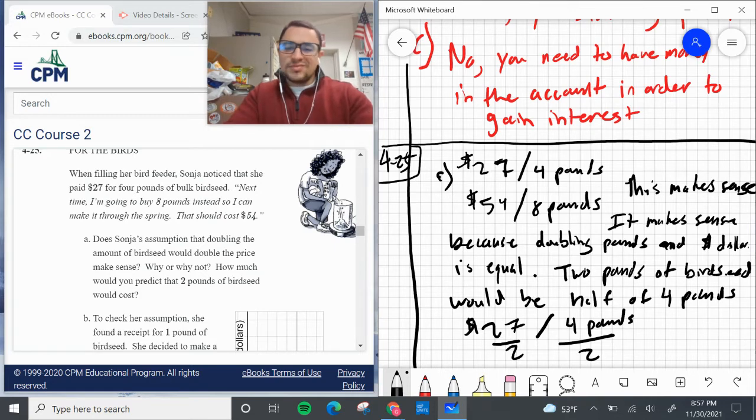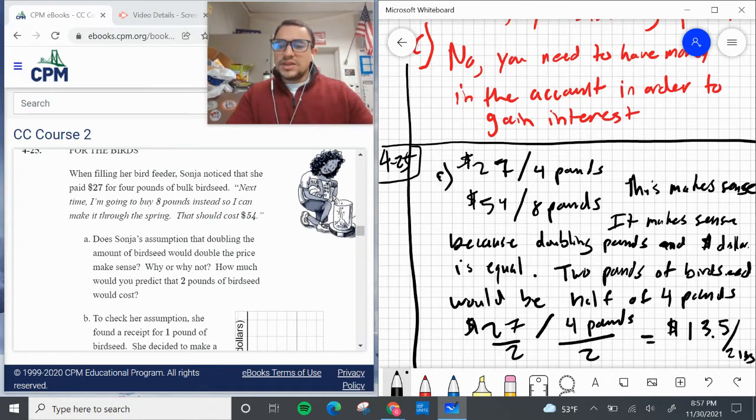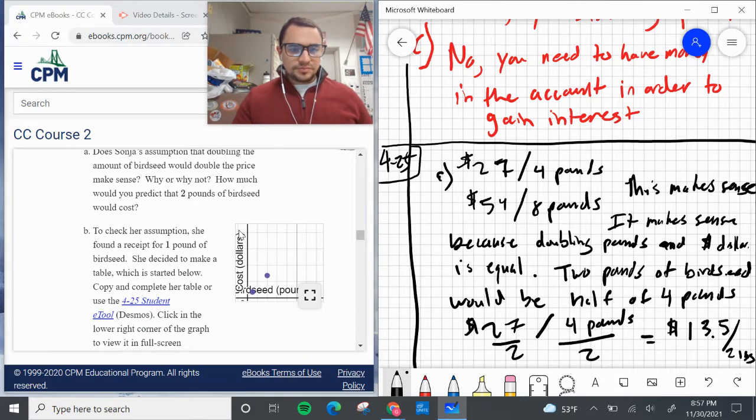So that should be, it looks like I'm really off today, but 2 into 2 is 1, and 2 into 7 is 3.5, so $13.50 per 2 pounds. And LBS is pounds. So just a little heads up on that abbreviation.